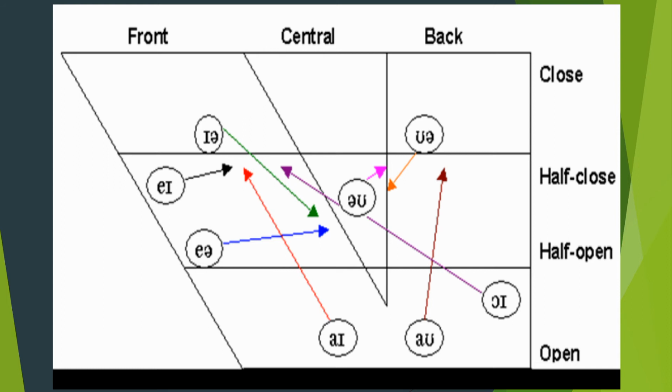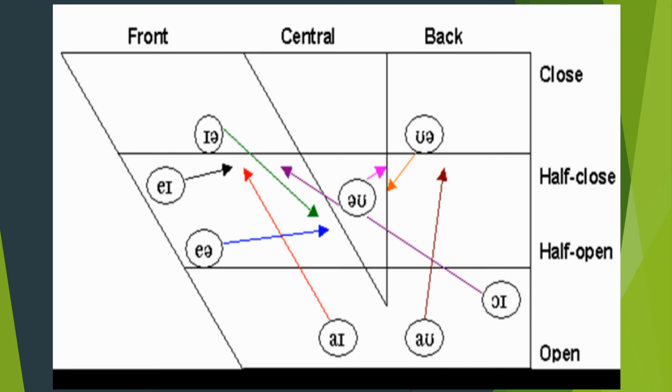Three diphthongs are gliding towards E and 2 are gliding towards U, and the remaining 3 are gliding towards A. Number 1, see this green arrow. E is gliding towards A. So we are starting the articulation with E and moving towards A. The first sound E is called the first element and the second sound is called the second element.